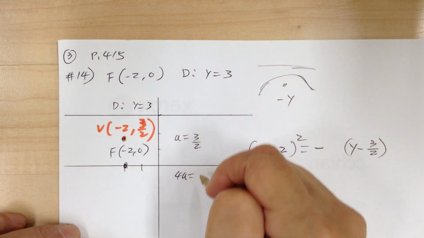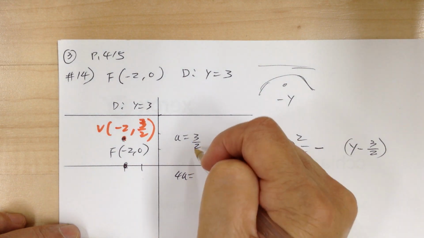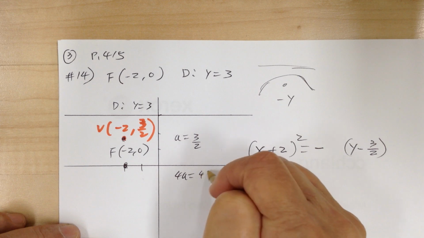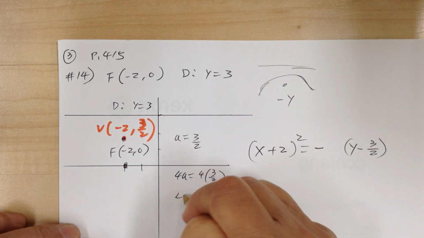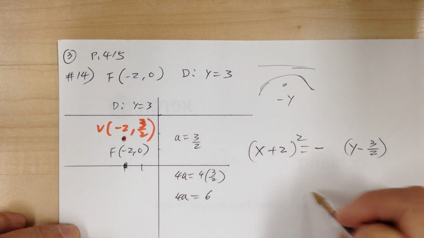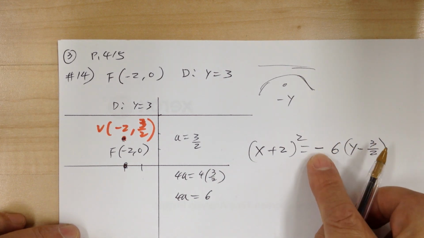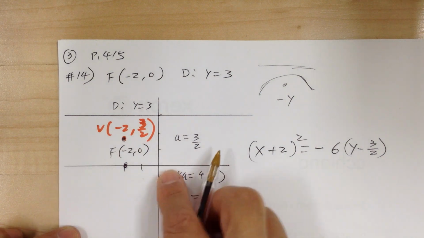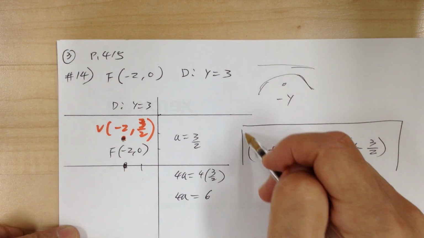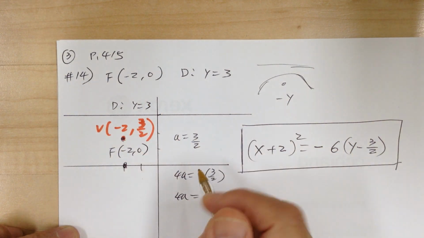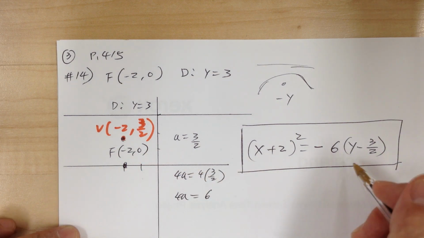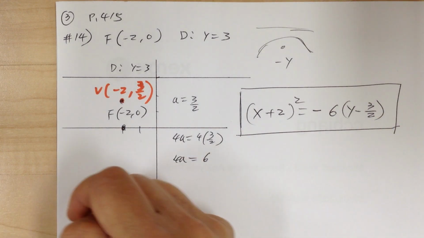So 4a equals 4 times 3/2, so 4a equals 6. That number goes over here, and that's your equation. The negative tells you the graph is going to go down, and that's all you have to do. It's very important to sketch it out, and it helps you figure out each part.